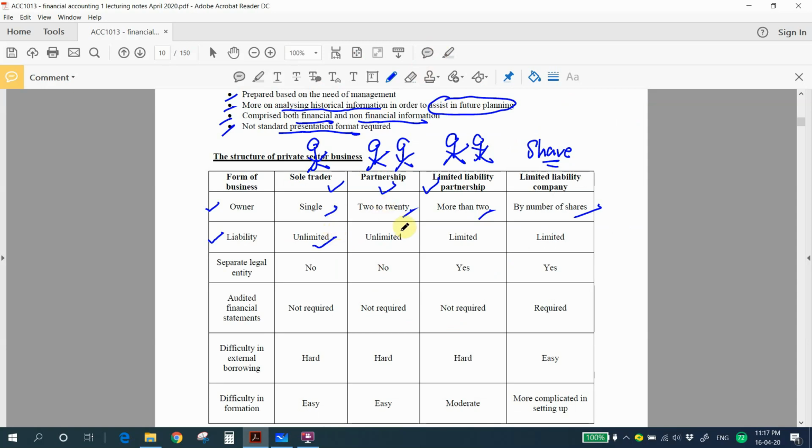This is also similar to partnership. However, the liability is limited in a limited liability partnership format or limited liability company. As you see, they already mention that their liability is limited. So limit on what? Limit on the capital.